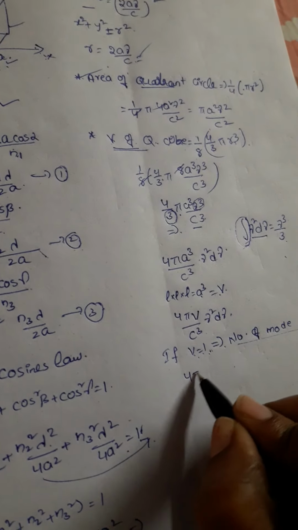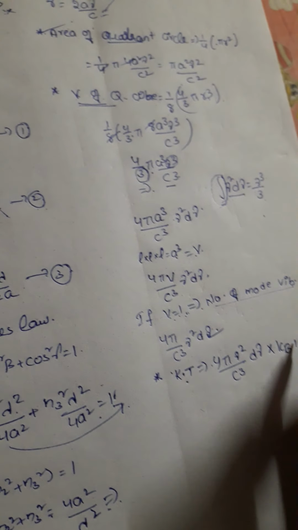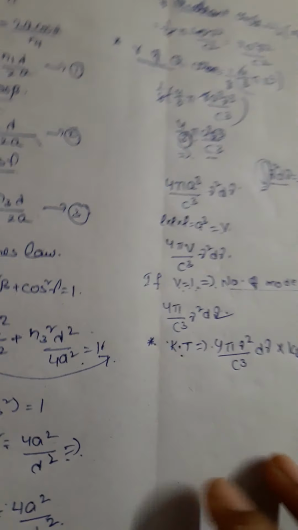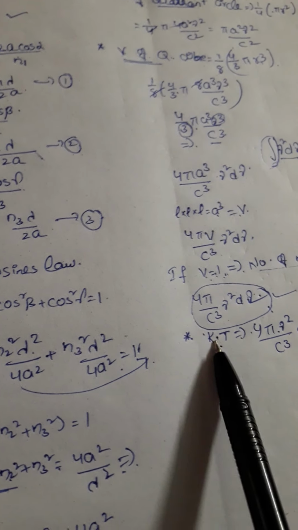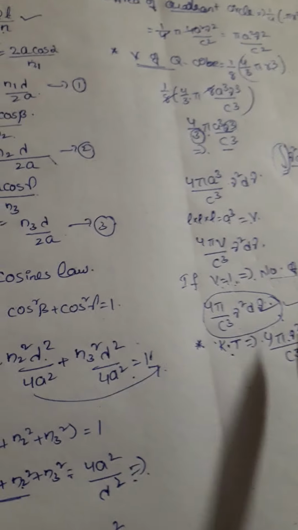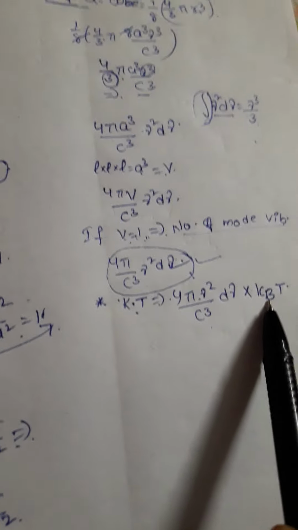That is this one, 4πμ² by c³ dμ into kBT. This gives the final quadrant of volume V equals 1. This is the kinetic theory.